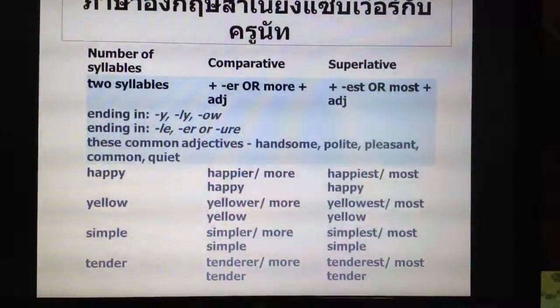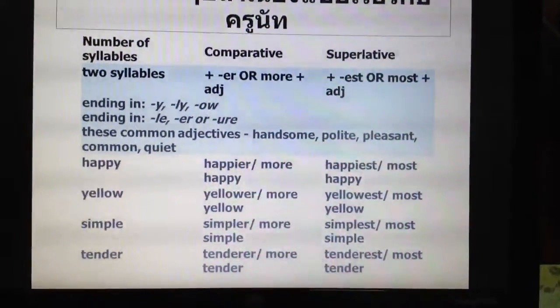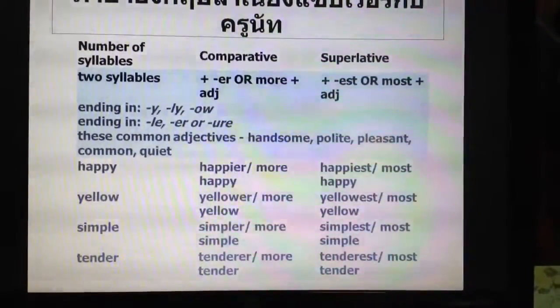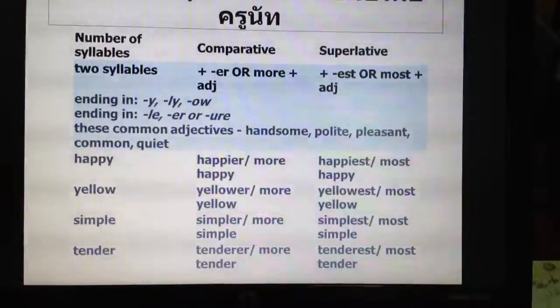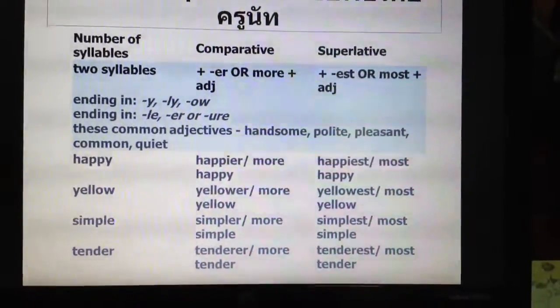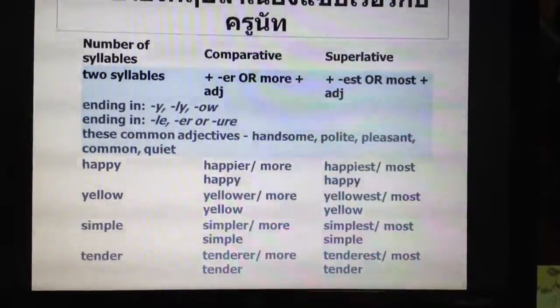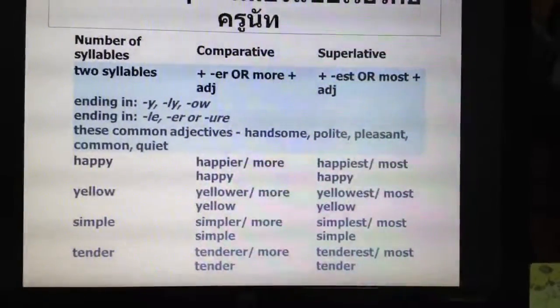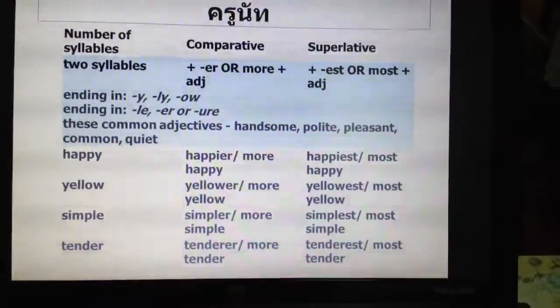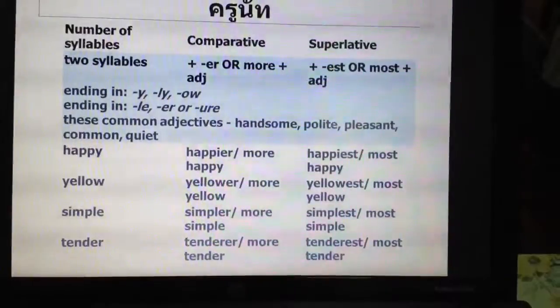Number of syllables, like two syllables. Ending in -y, -ly, or -w. Ending in -le, -er, or -ure. These are common adjectives like handsome, polite, pleasant, common, and quiet.